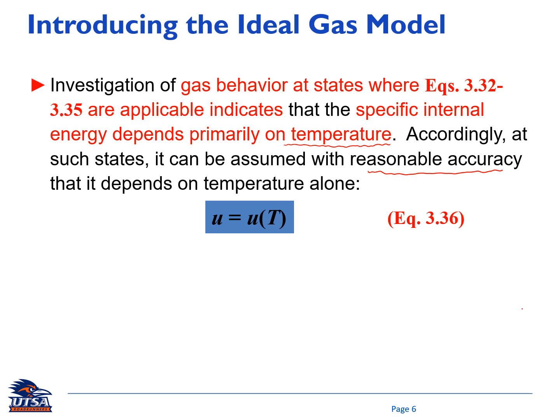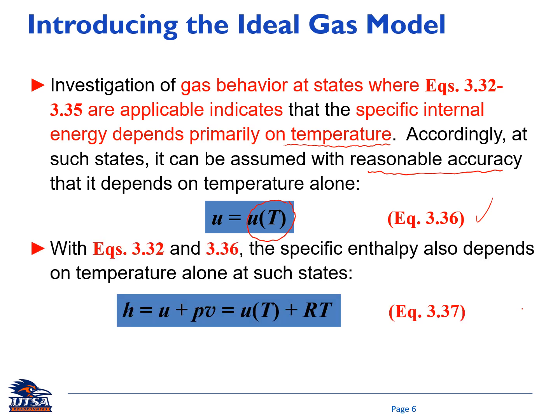So u, the specific internal energy, depends primarily on the temperature, and we can formulate it as equation 3.36: u is only a function of temperature. In reality, u is a function of two parameters, either pressure and temperature, or temperature and specific volume, and so on. But for a gas behaving under ideal condition, u is only a function of temperature, equation 3.36.